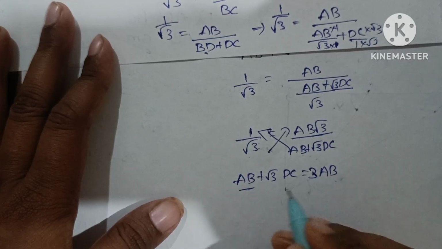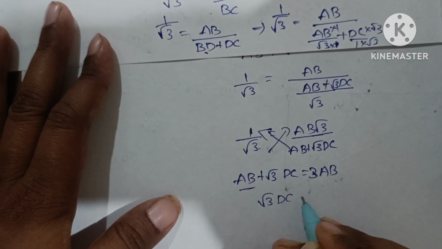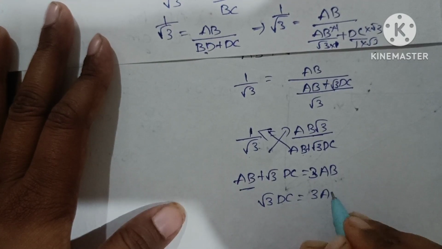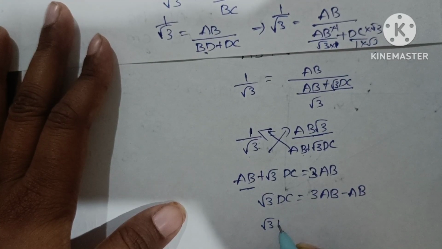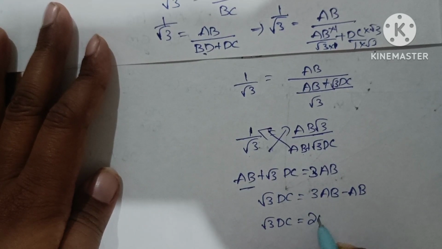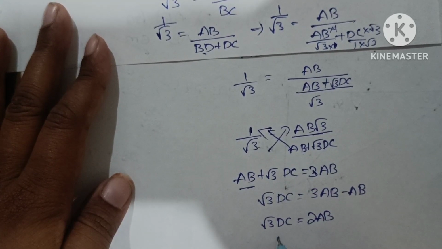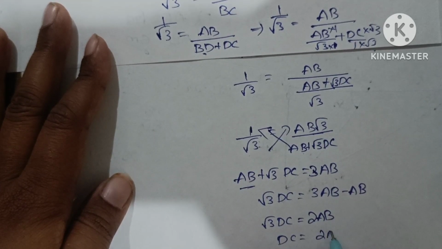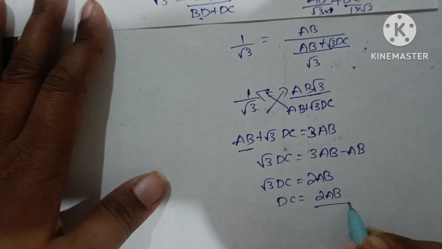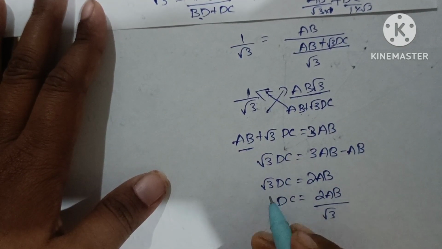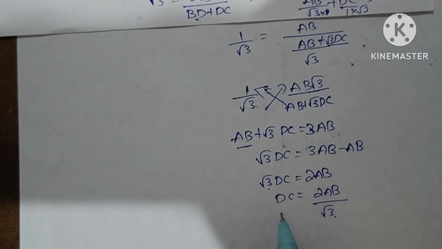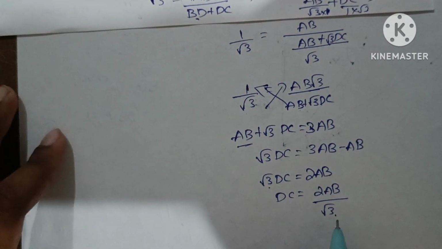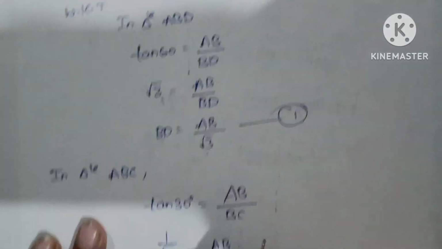Okay. So now send this AB to that side. Root 3 DC equal to 3AB minus AB, which means 2AB. Okay. DC equal to 2AB by root 3. So the root 3 in multiplication, if it came to the right side, becomes the divisor. Okay. So DC, how much did you get here? 2AB by root 3.